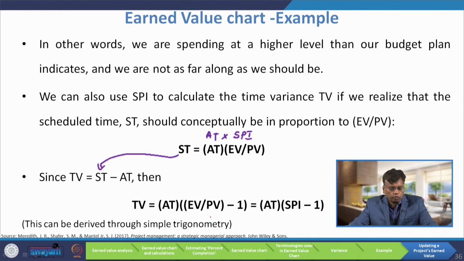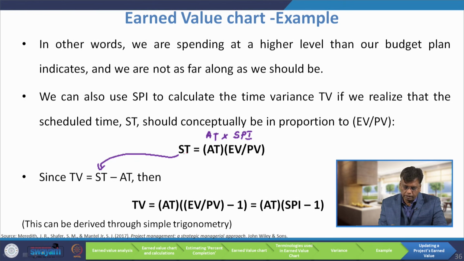We can also use the schedule performance index to calculate the time variance, if we realize that scheduled time should conceptually be in proportion to EV upon PV. So, what is the scheduled time? We can write scheduled time as actual time multiplied by the schedule performance index.